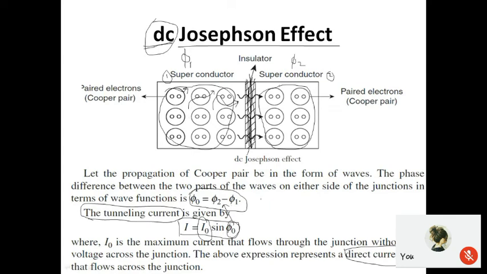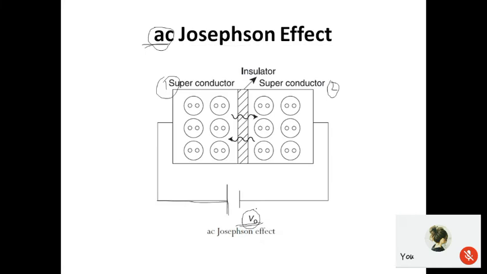In addition to that, due to the application of this additional voltage V0, an additional phase difference is introduced between the waves corresponding to the Cooper pairs of superconductor 1 and 2. So already they have a phase difference of phi naught. In addition to that, this applied voltage is going to introduce an additional phase difference.